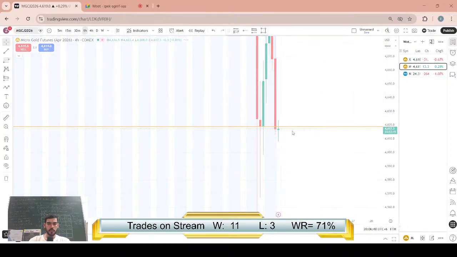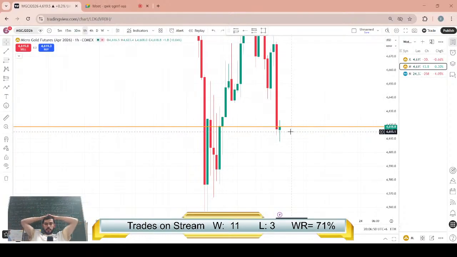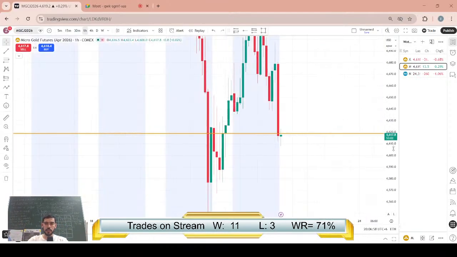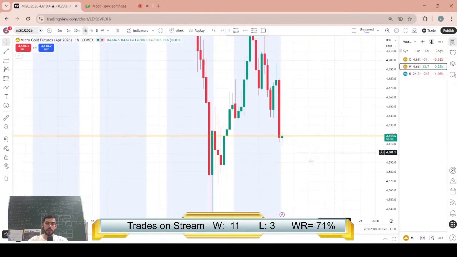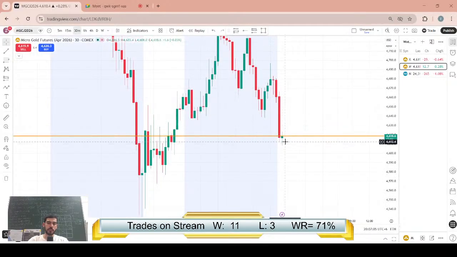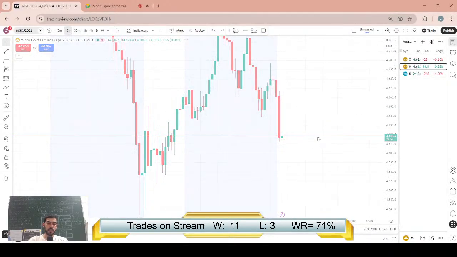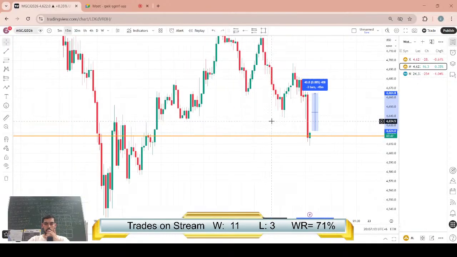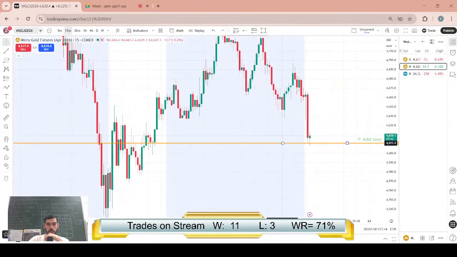And on the 1 hour, oh man, it's taking some time. So I think we cannot enter sells unless we get a green candle first, like a rejection candle, then we will enter on the break of this candle. And for buys, if we get any support that's formed there, probably we can take buys, because look at this candle, this is about 400 pips, so we might see some sort of rejection till this area right above.